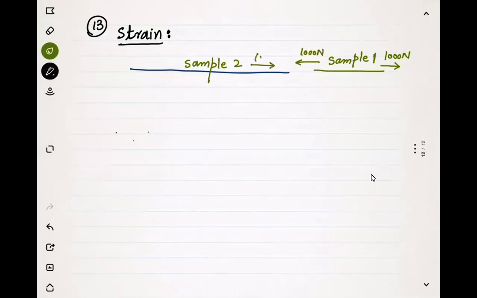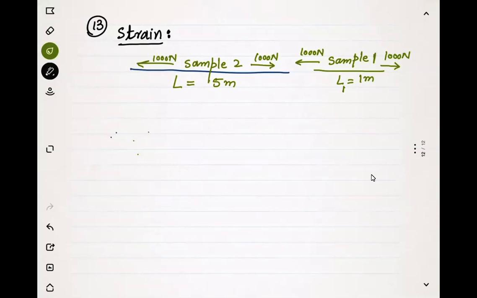On sample two, we are also applying a force of 1000 Newton from both sides. Now let's take the length of sample one as, for example, 1 meter, and the length of sample two as, for example, 5 meter. Now you extend them with equal force.